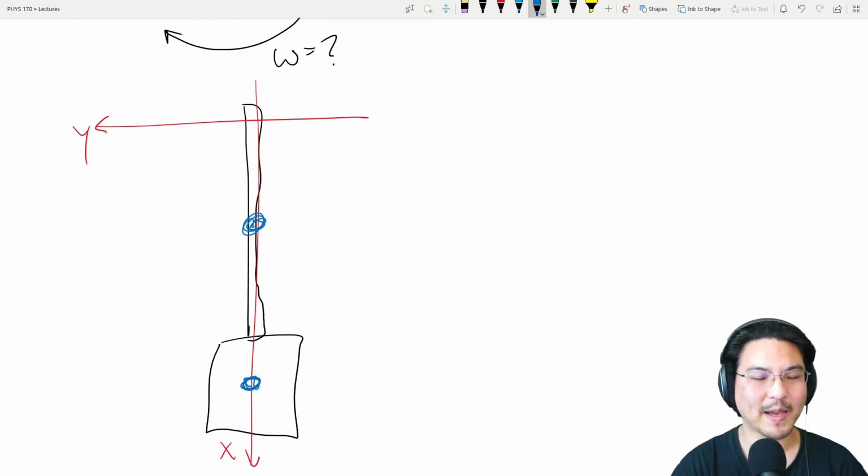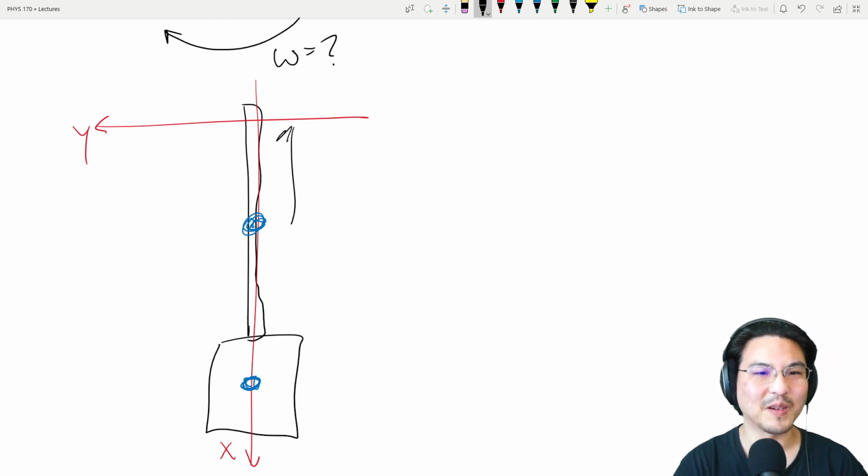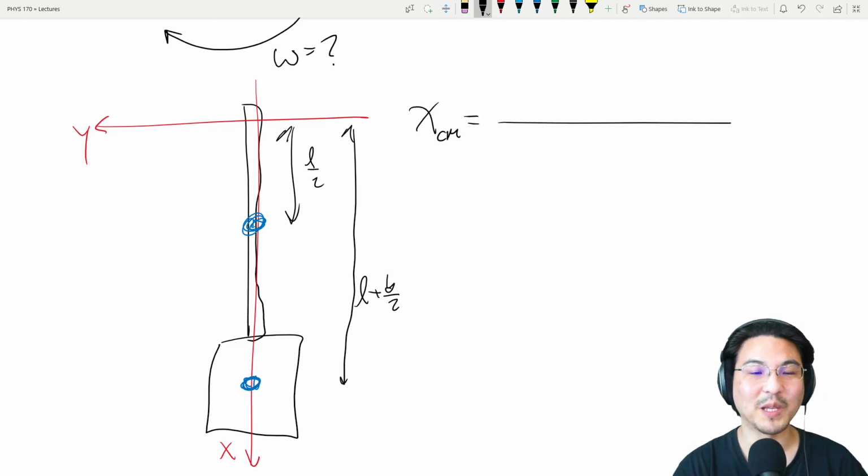It is a mass-weighted mean position. Okay, so one more time. Here to here was L over 2. Here to here was L plus B over 2. So say the x component of the center of mass.